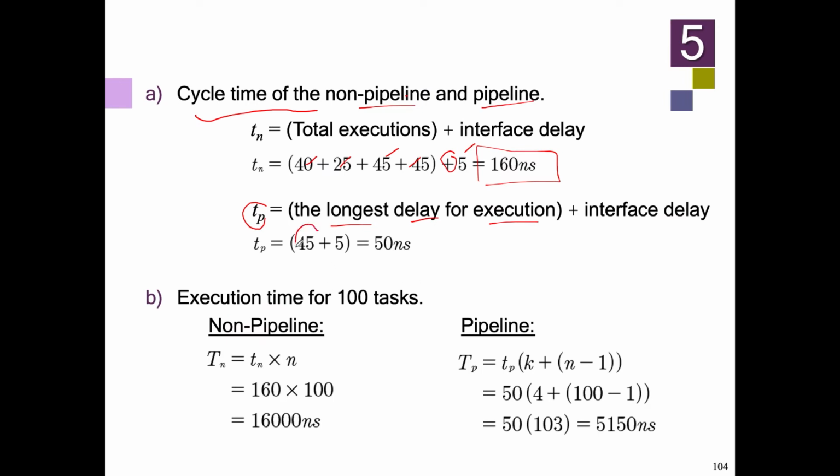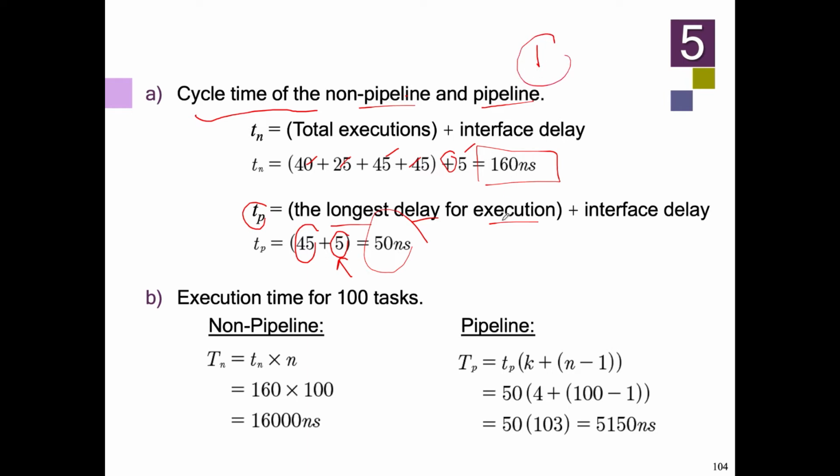So you have 45 plus also your delay over here. Then the maximum TP will be 50 nanosecond. And this one is for one task, one instruction only.